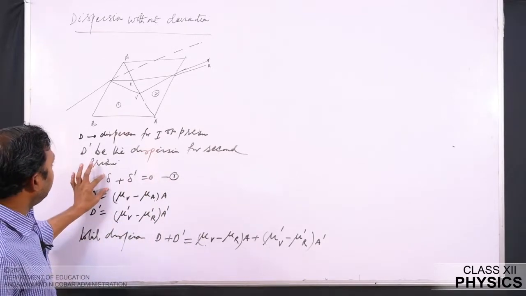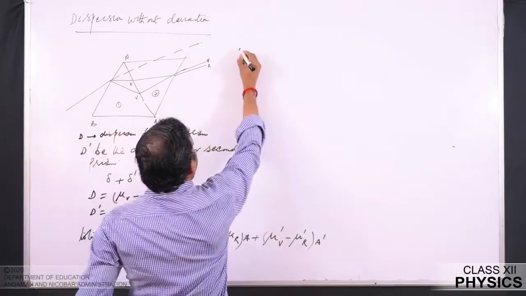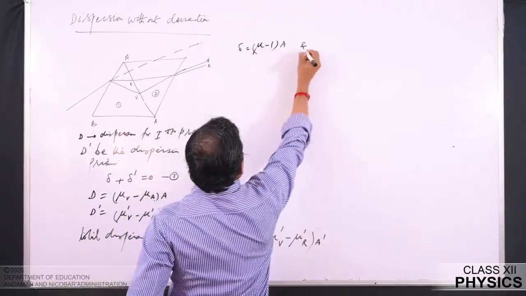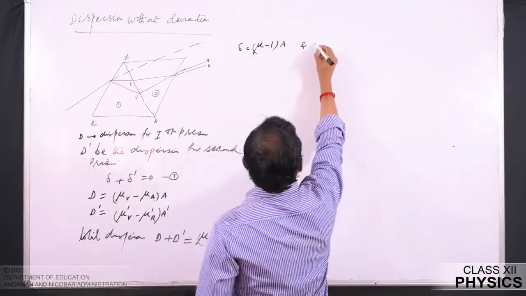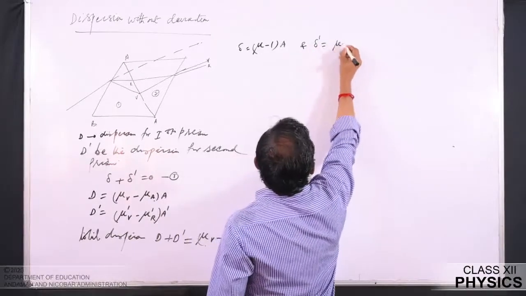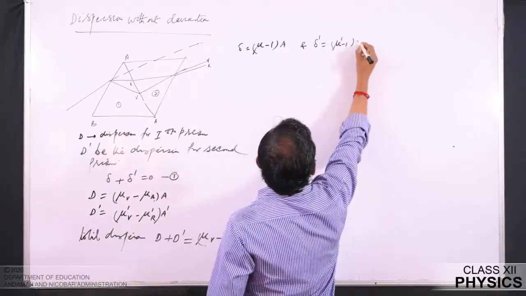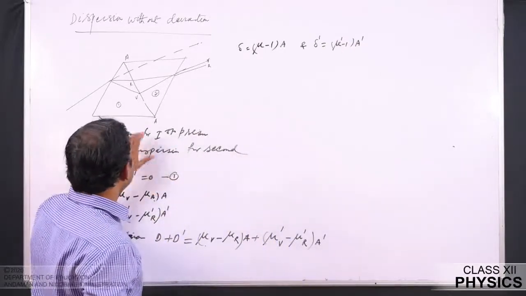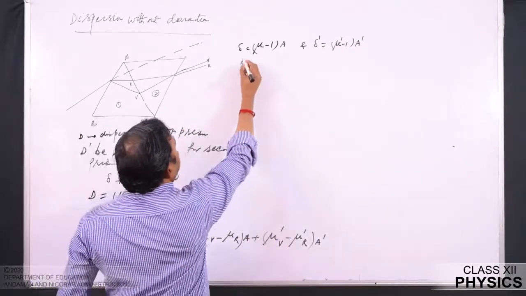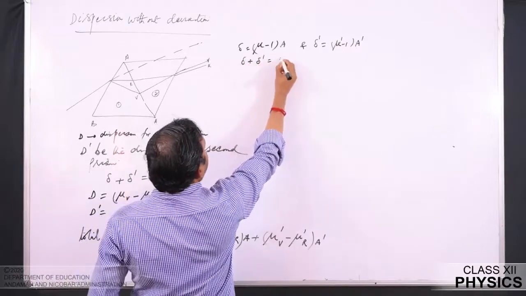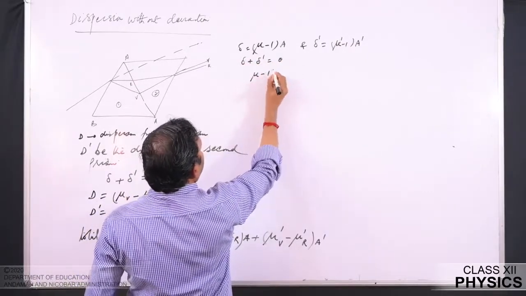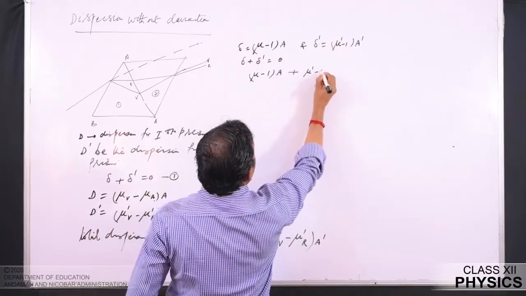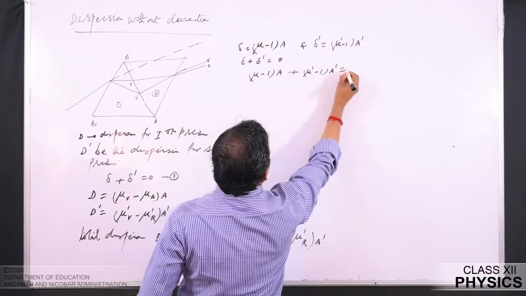So, the deviation produced by the first prism is delta equal to (mu minus 1) A, and the deviation for the second prism is given by delta dash equal to (mu dash minus 1) A dash. Now the total deviation produced here is 0, that is delta plus delta dash is equal to 0, or we can say (mu minus 1) A plus (mu dash minus 1) A dash is equal to 0.